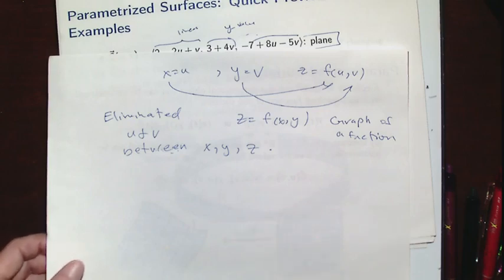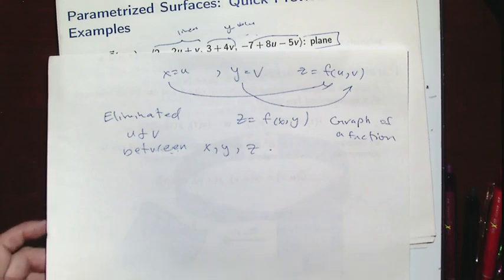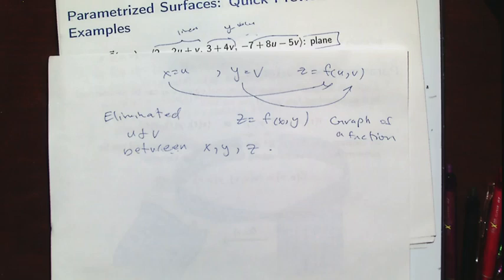Who knows this one? I'm expecting everybody to know. Sphere. Why did you say sphere? It says spherical coordinates, but there's one more item in there. What is special about a sphere? What is constant?